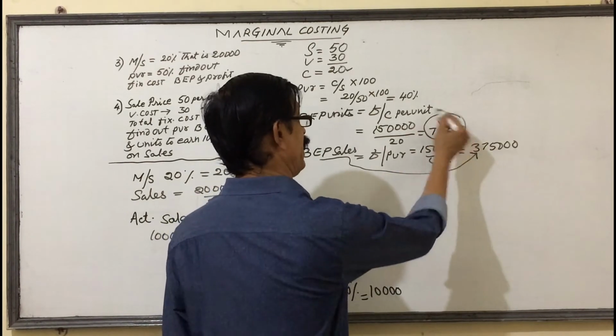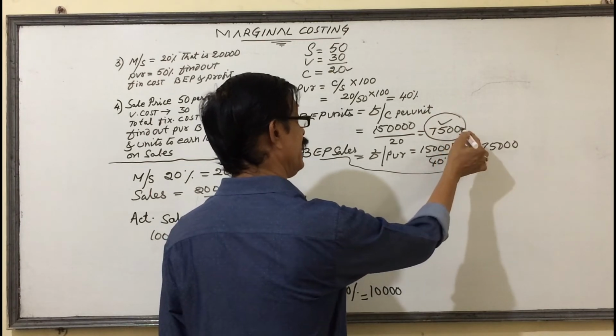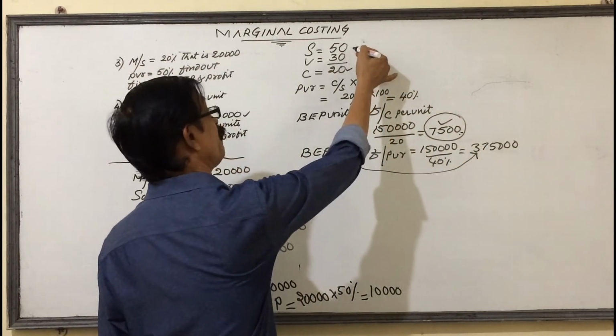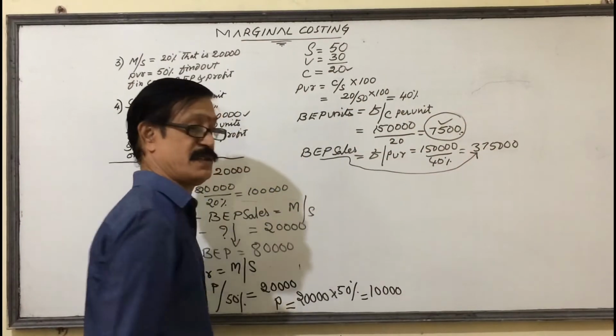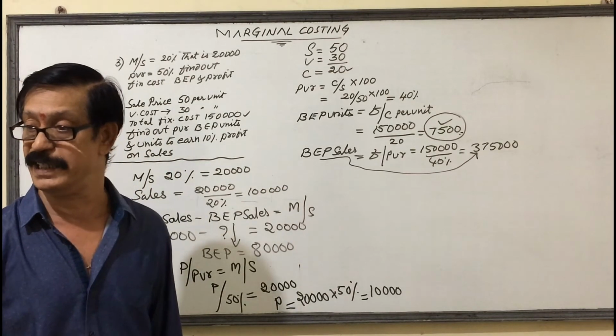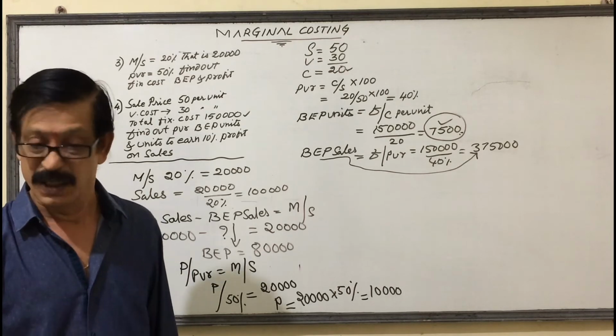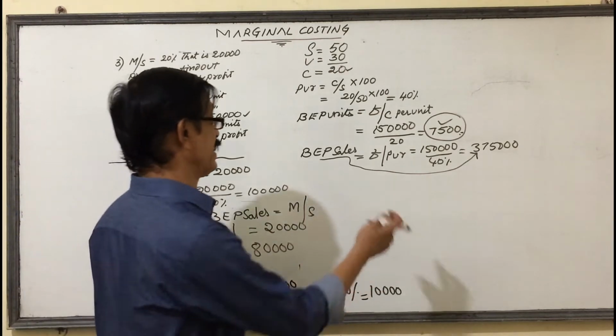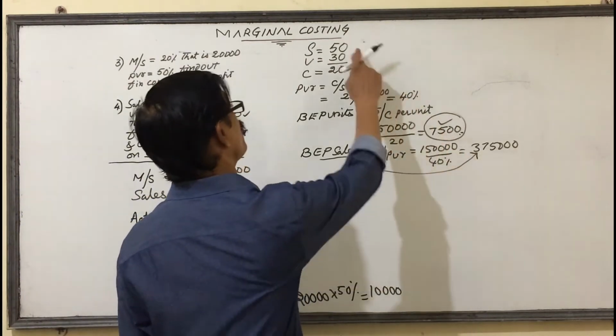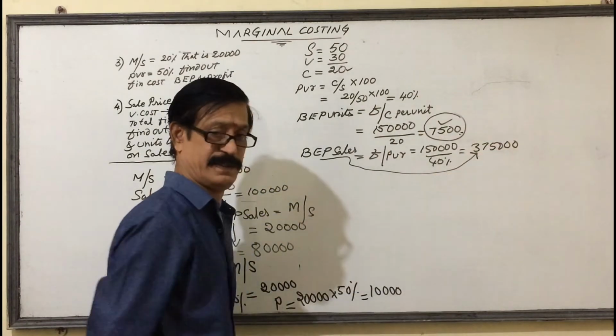Your BEP units are 7,500. If it is multiplied with your sale price also, 3,75,000, that is called BEP sales. You know BEP units already, 7,500. You want to find out the sales. So units into sale price, that is also BEP sales.